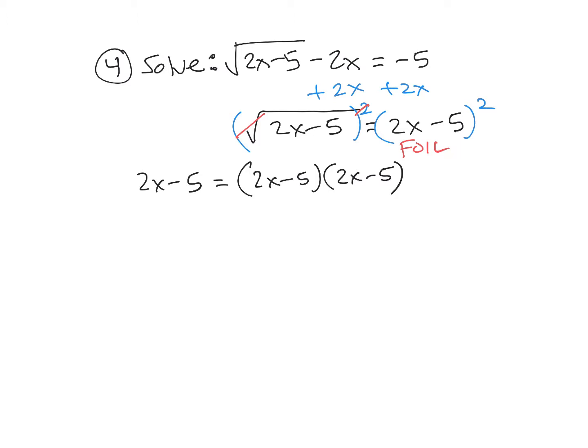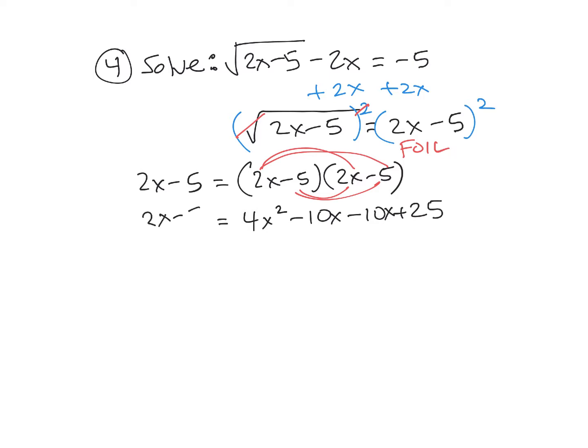So I'm going to FOIL. 2x times 2x is 4x squared. 2x times a negative 5 is a minus 10x. Minus another 10x, plus 25. Equals this 2x minus 5 on the left.